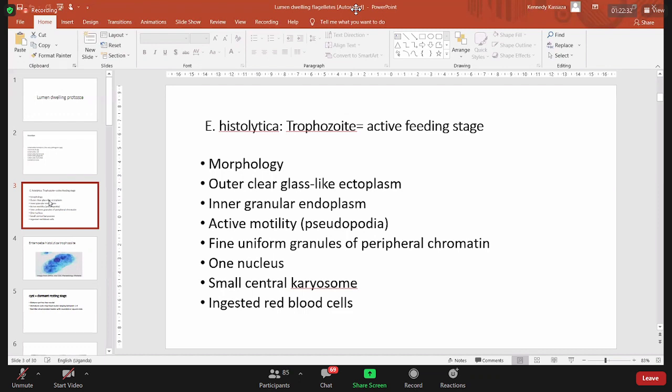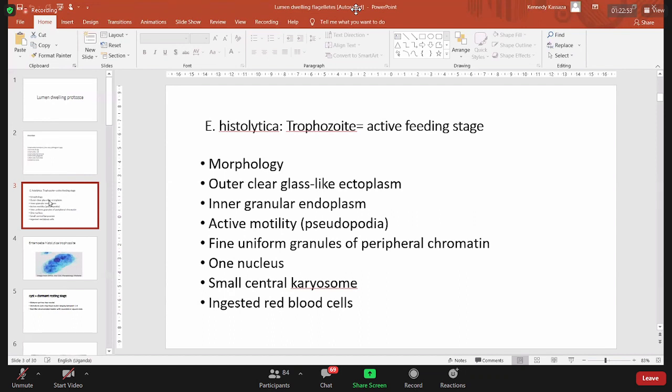It has got two layers. The outer one is the ectoplasm, and then the inner one is the endoplasm.